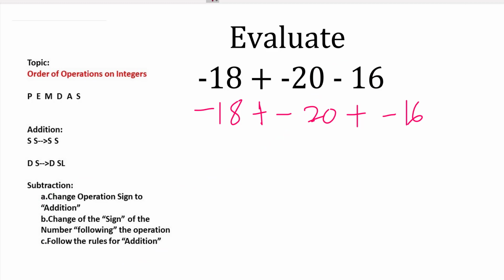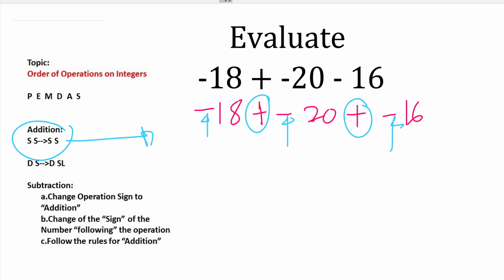Having simplified this, take a look, this is all addition. So we apply the rule: same signs, and then you take the sign of the numbers. All of the numbers here have negative signs now. So using rule 1, you add all the absolute values, 18 and 20 and 16, which comes out to 54.